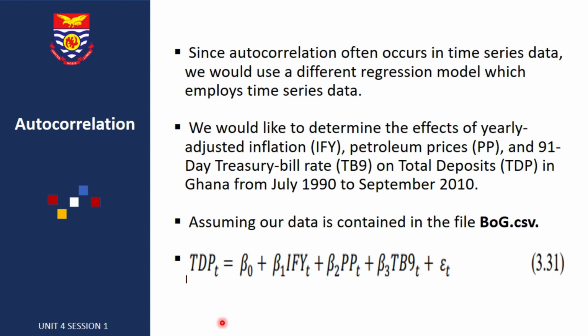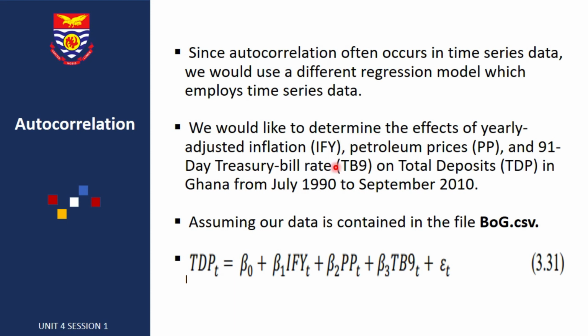We would like to determine the effect of yearly adjusted inflation. In our model, we represent the yearly adjusted inflation with IFY, and we also consider petroleum price. These are all time series data. We are also going to consider the 91-day Treasury bill rate, which is the risk-free rate that we use in the estimation of the CAPM, the capital asset pricing model. And we consider TDP, which is total deposit.